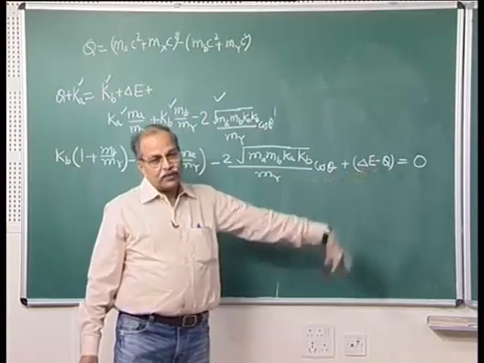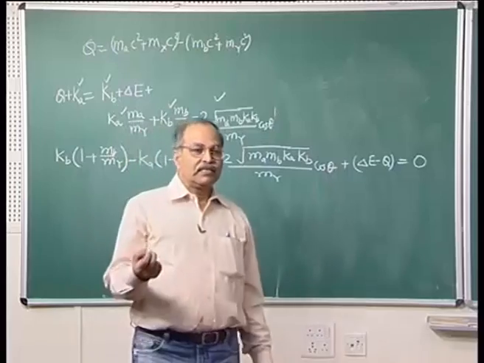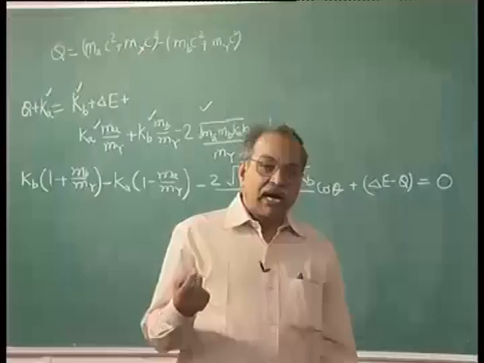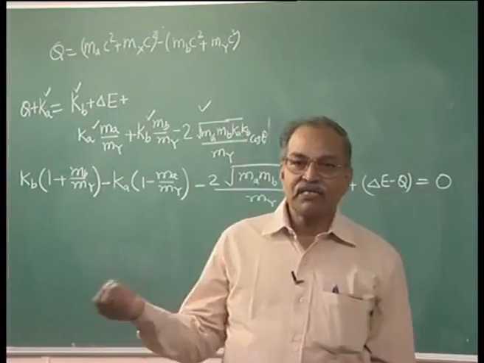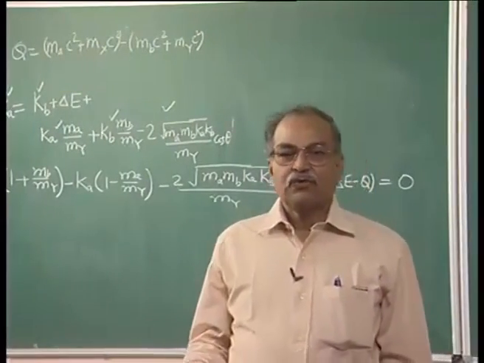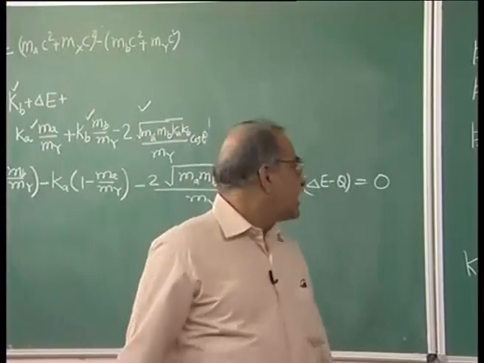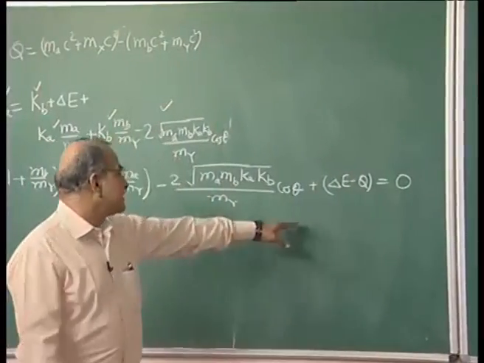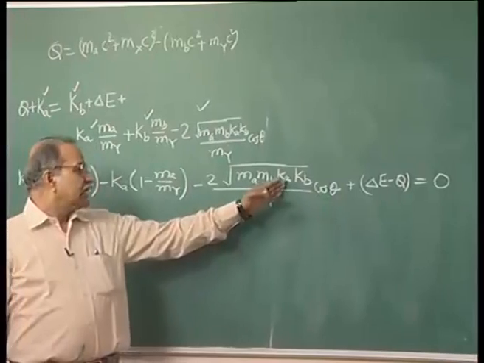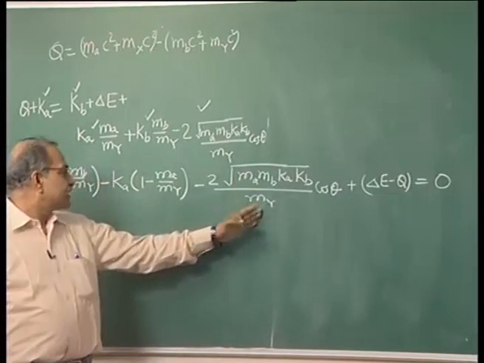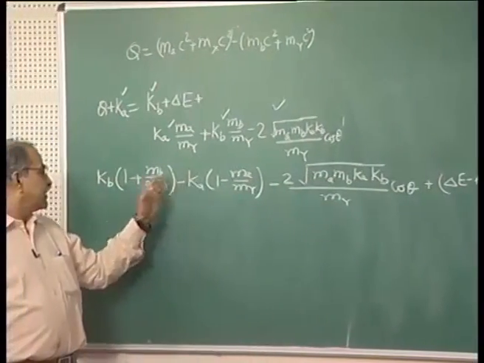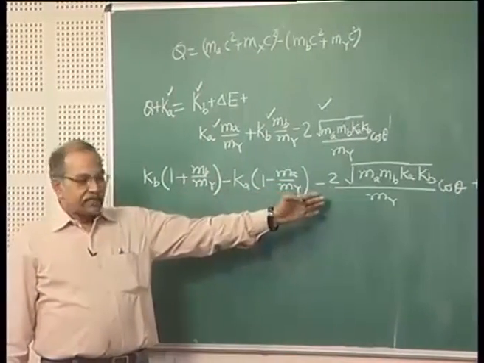Right. The Q value will be obtained from the masses of those 4 particles A, B, X and Y. So, those masses are all tabulated. So, from there we can get that Q value, and all other kinetic energies are known, K A, K B, then again masses, and here also K A, K B. And theta is measured.